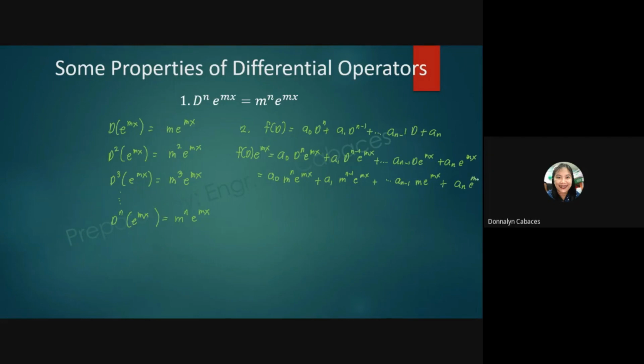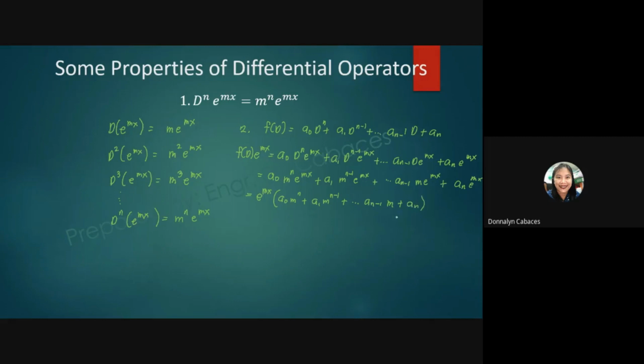To the mx, okay? And then, if we take e to the mx in each term on the right side, so you have e to the mx, that would be now a0 m to the n plus a1 m to the n minus 1 plus up to a sub n minus 1 m plus a sub n.